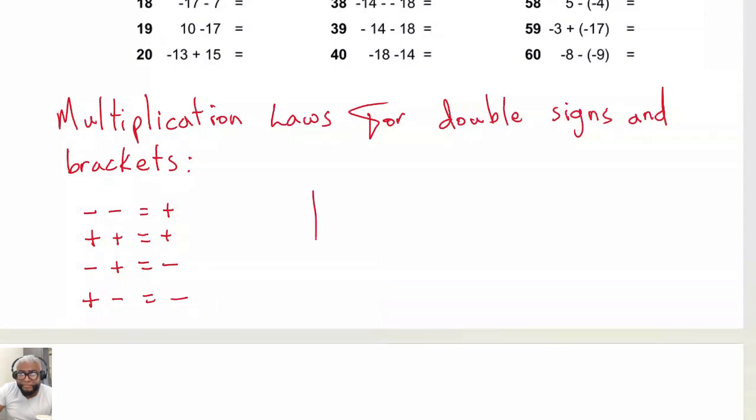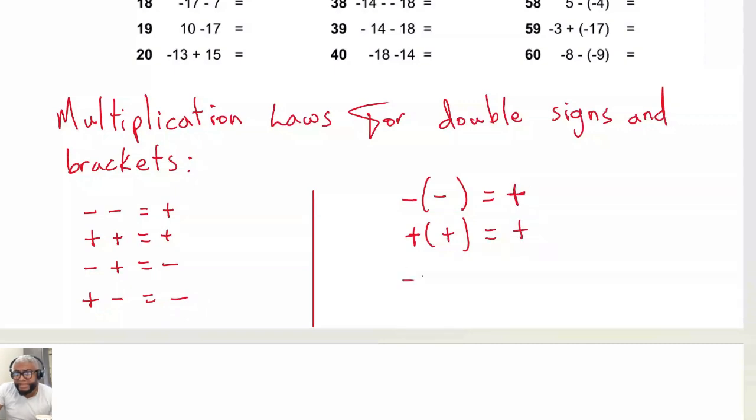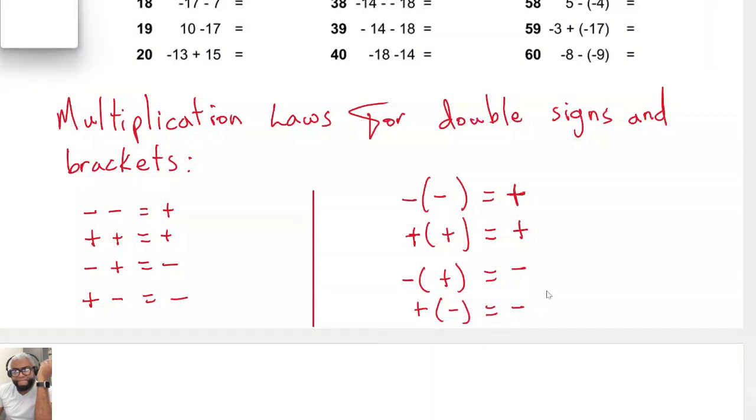And then if you have brackets, meaning a sign outside the bracket and a sign within the bracket, a negative outside the bracket and a negative within the bracket would be a positive. Positive outside the bracket and positive within would give me a positive, right? Negative and a positive would be a negative. Positive and a negative would be a negative.